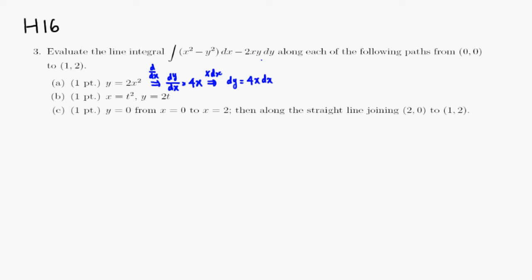We can plug this in here. Then also we have y, and every time you see y, we can plug in 2x squared. And actually there's another y right there.